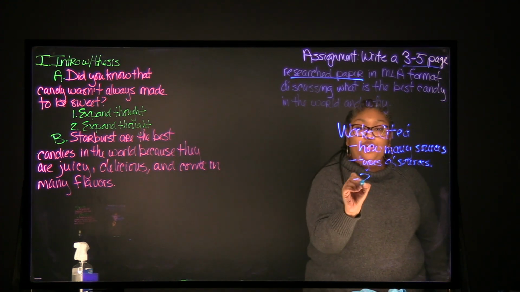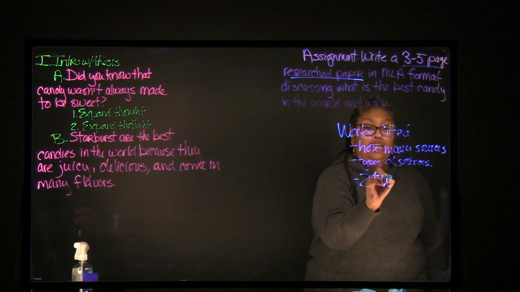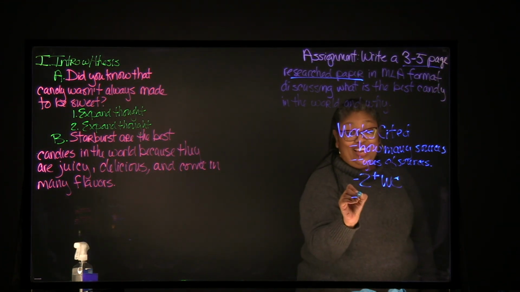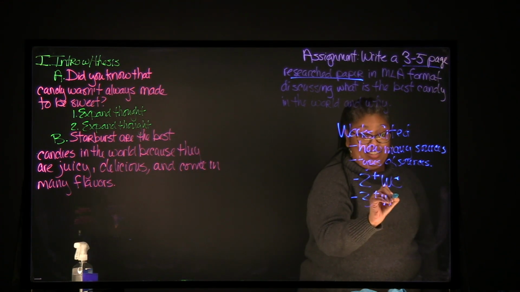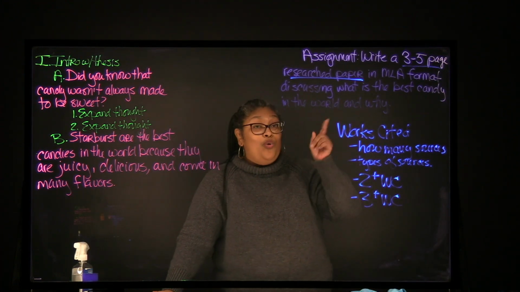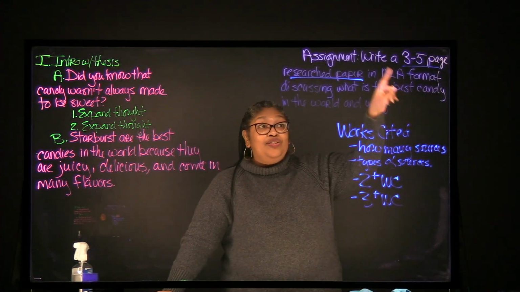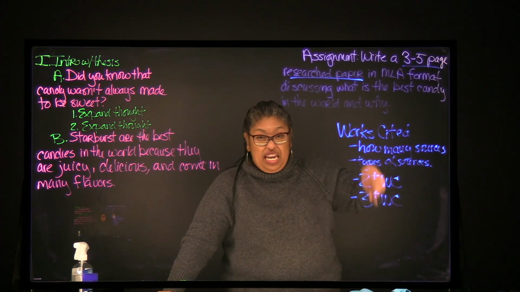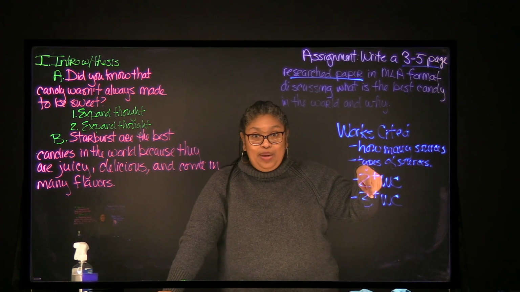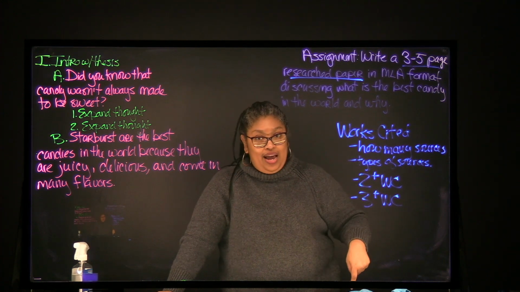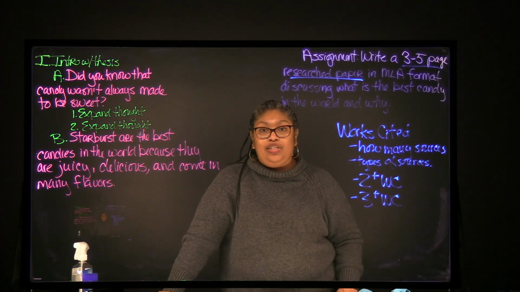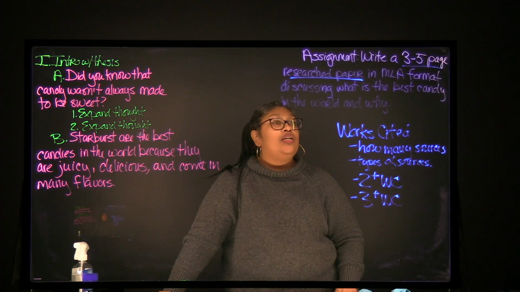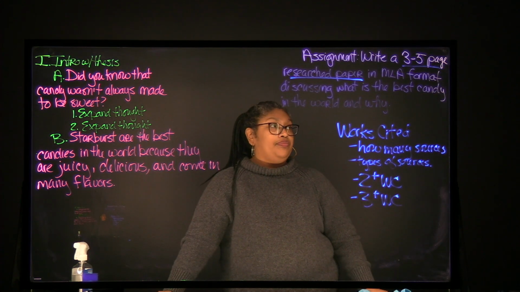It's either going to be 2 pages plus works cited, or it's going to be 3 pages plus works cited. Which one is it? Because the directions don't say it. So you need to ask your professor what they mean. Do not assume anything. The more questions you ask, the better off you're going to be, just in general. So ask these questions. All right.